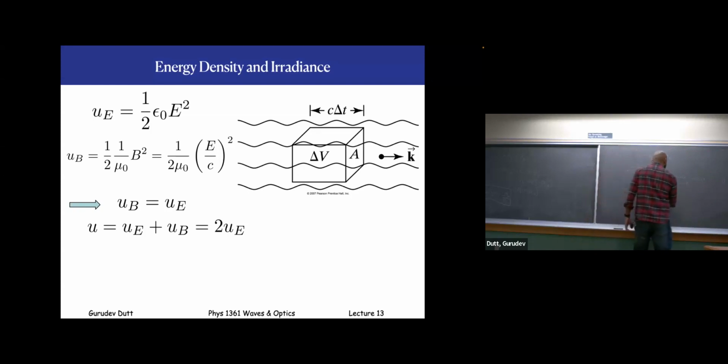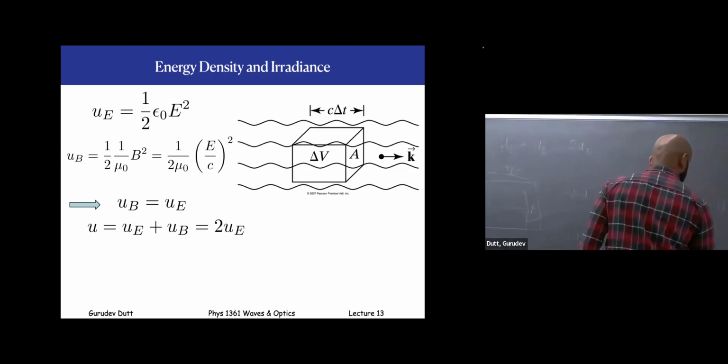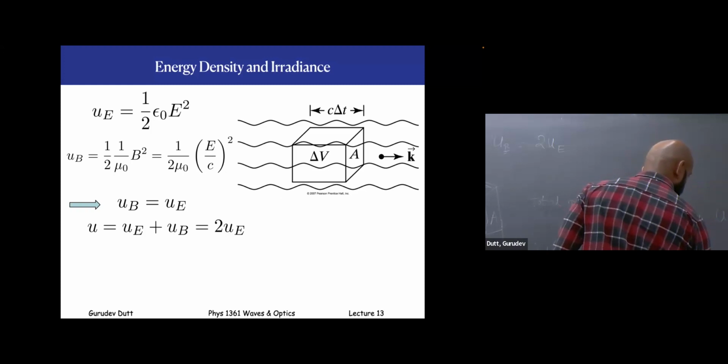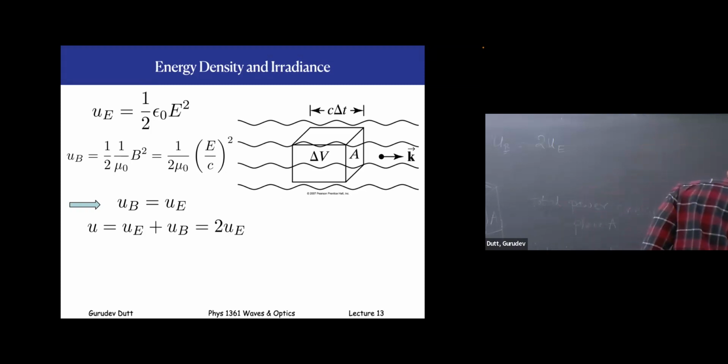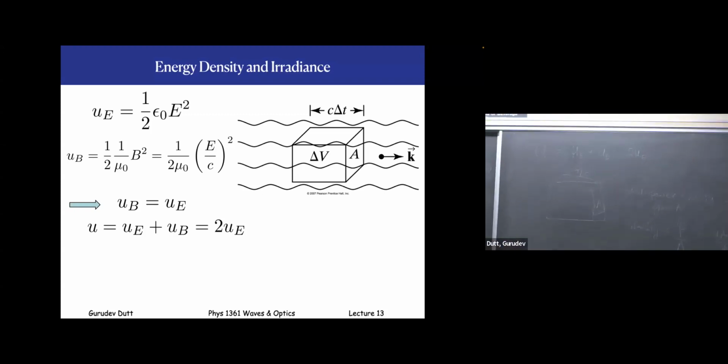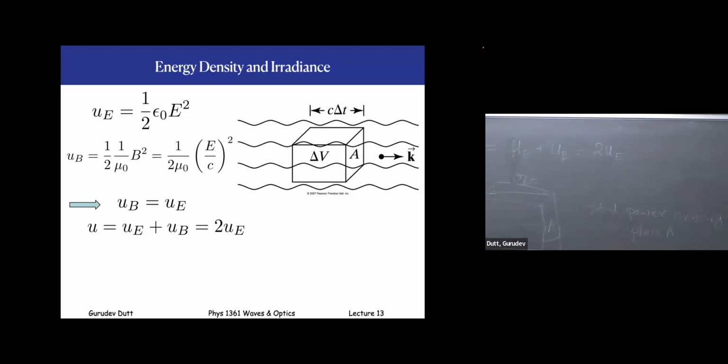Okay, and the intensity or irradiance is equal to the power divided by the area. So we get U A v delta t divided by A delta t, which simply gives U times v.